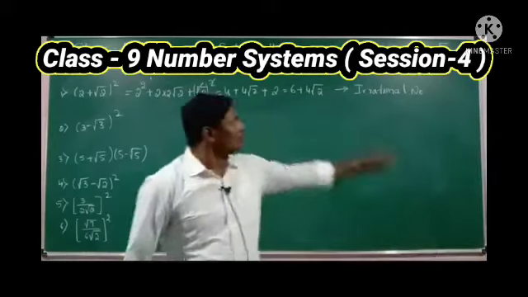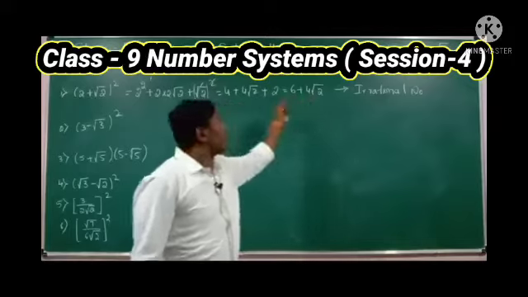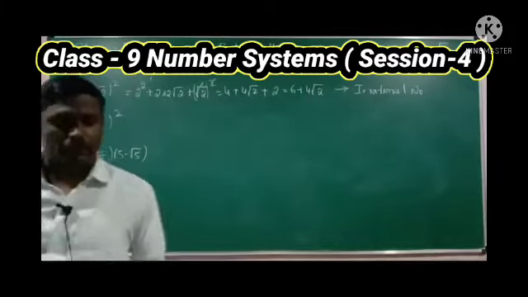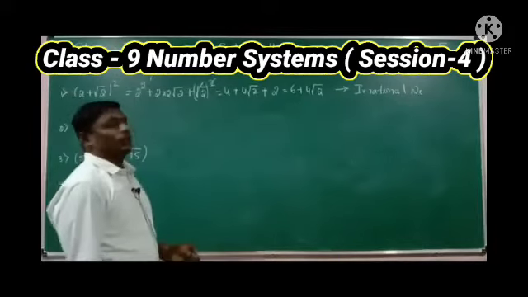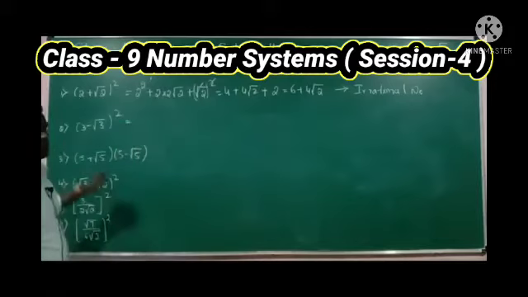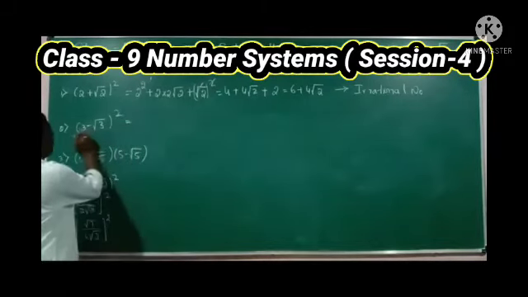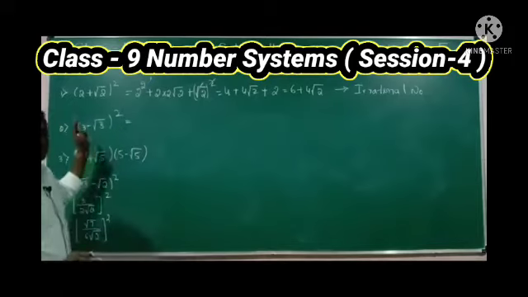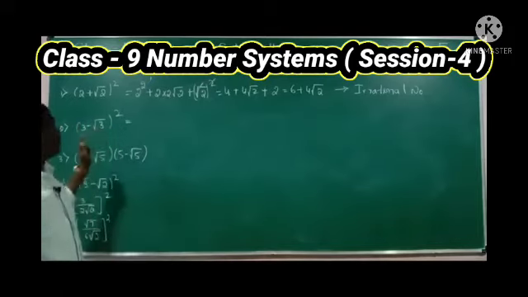Why? Because here root 2 is multiplied with a rational number 4. Next one, 3 minus root 3 whole square is in the form of a minus b whole square.